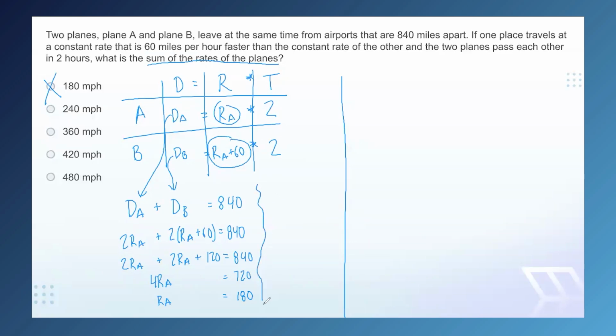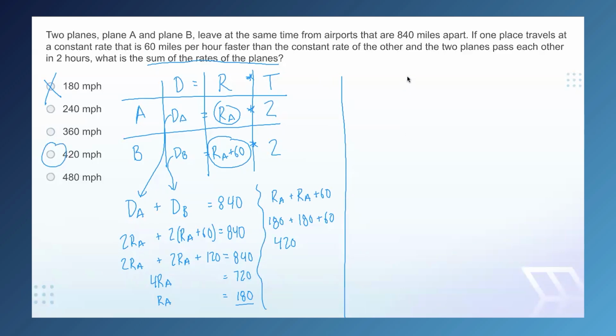So building that little equation and plugging in our value for r sub A, we get 180 plus 180 plus 60, or 420. Answer choice D. So, kind of painful, huge potential for error.